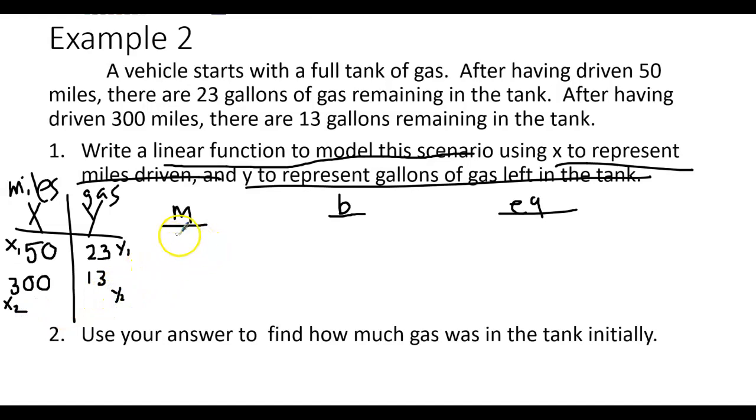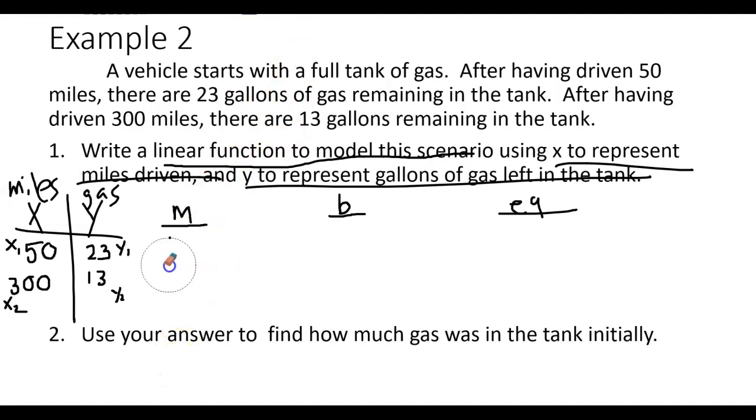So using our slope formula to find our slope, we're going to do y2 minus y1 over x2. Did I do that right? I don't think I did that right. Let me back up a little bit.